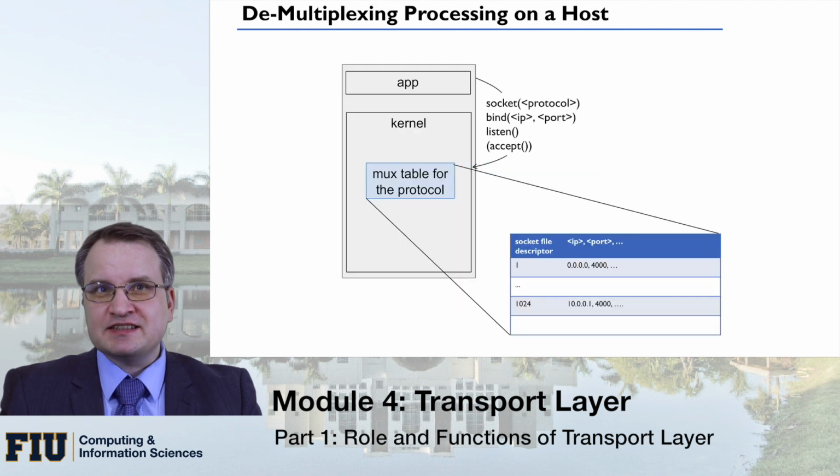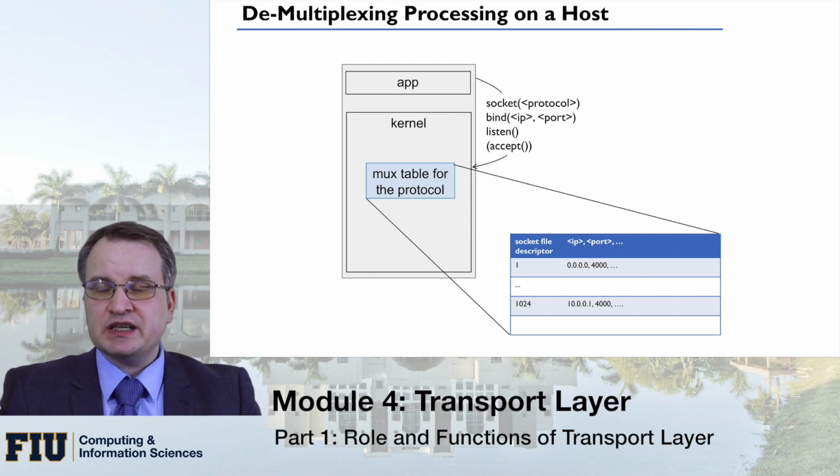The interesting part regarding the server application, and I think the client application as well, is that there is a thing inside the operating system that allows this demultiplexing to happen in the first place. You can think of it abstractly as some form of table that exists inside the kernel of the operating system, which is consulted every single time a packet arrives that is destined to the system and is of a specific transport layer protocol.